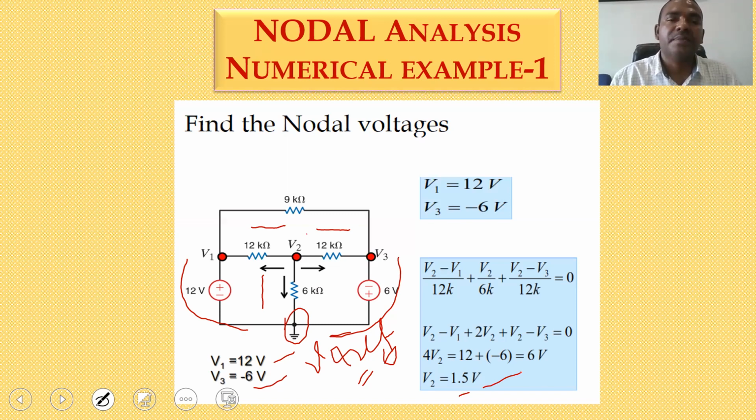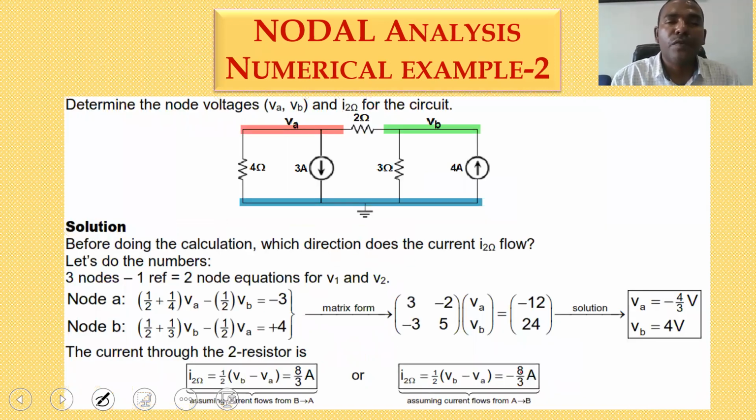Okay. Next problem. Here you have to find the node voltages VA, VB for the given circuit. Three principal nodes are there. One principal node voltage is VA, another is VB, and this is your reference node.